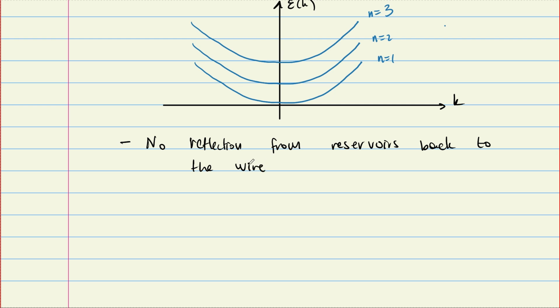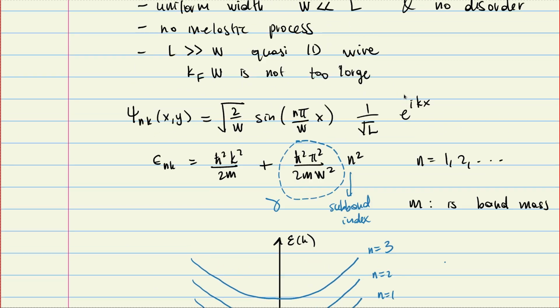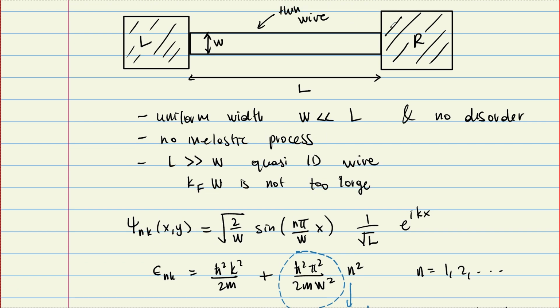So we are assuming a reflectionless wire, and the size of right and left reservoirs is much bigger than the dephasing length, so that when the electrons enter into one of the reservoirs, they just equilibrate.